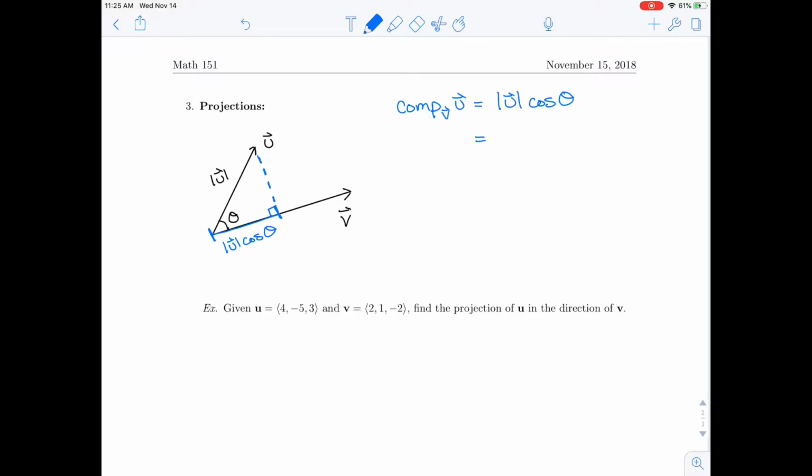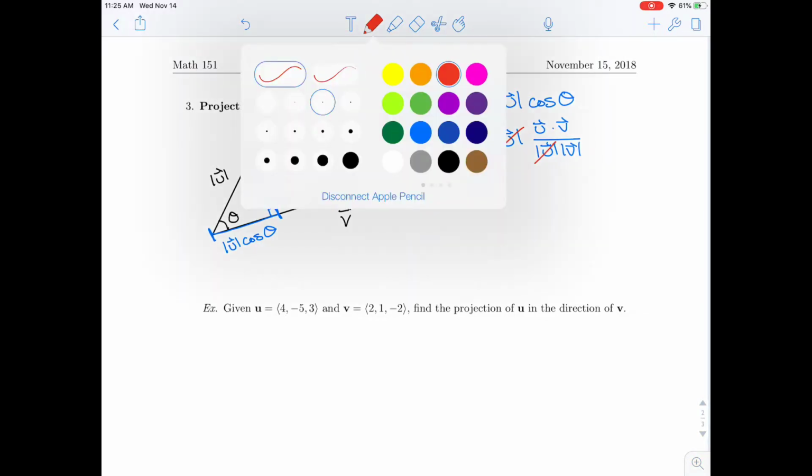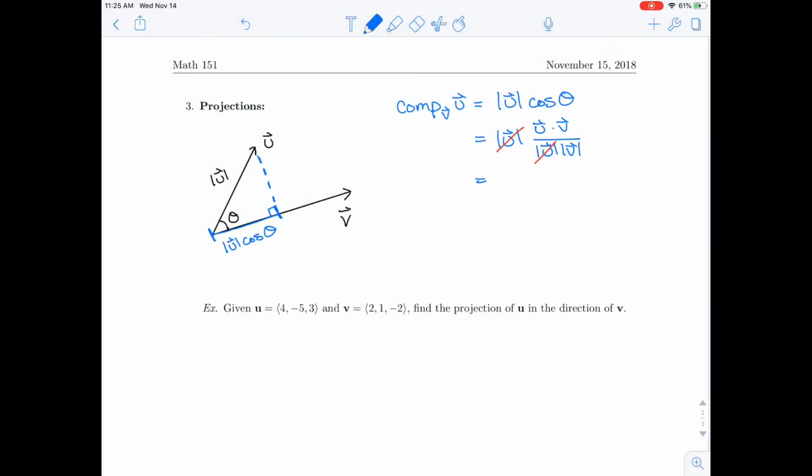Another way we can write the cosine of theta is using our previous theorem. Cosine of theta is u dot v over the magnitude of u times the magnitude of v. The magnitudes of u cancel. And one way we can write this is u dot v over the magnitude of v.